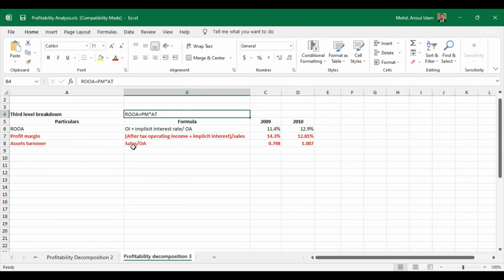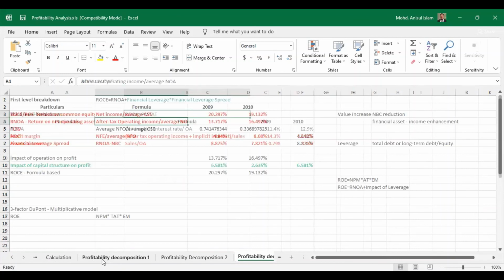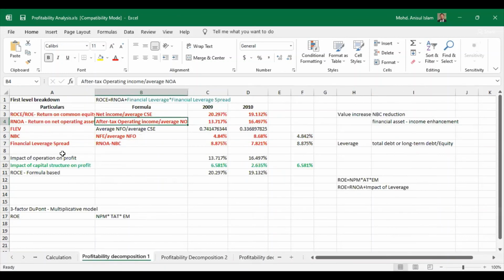Recall that in the level 1 breakdown of the profitability, we decomposed the return on capital employed, or return on equity, into return on net operating asset and the financial leverage, right?